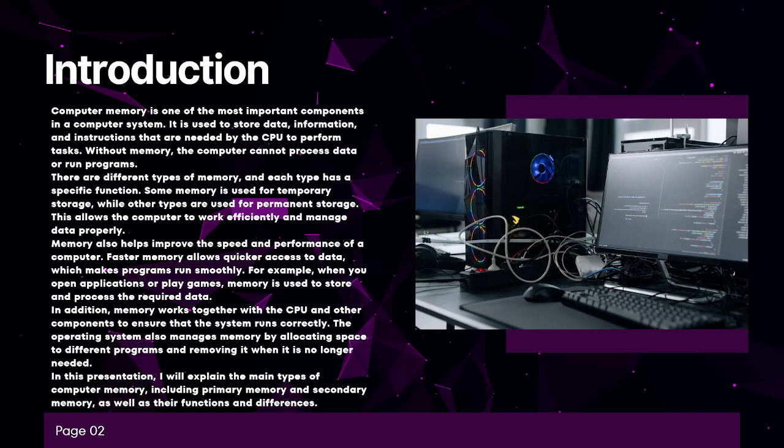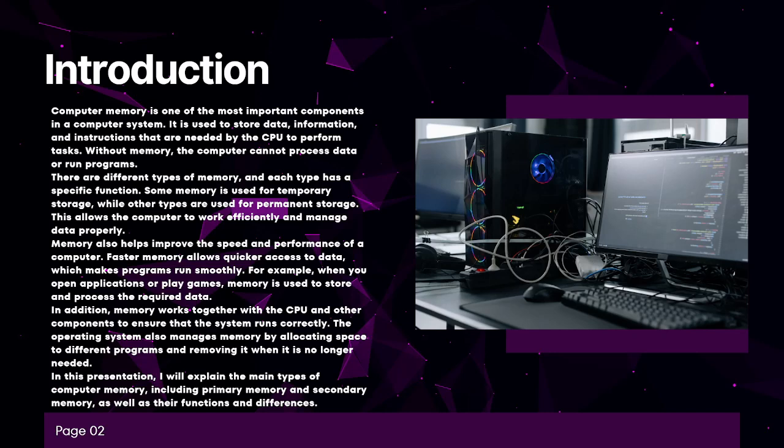For example, when we open an application or play a game, memory is used to store and process the required data, and memory is the main thing that processes the required data for opening games or programs or anything inside your computer. So memory works together with the CPU and other components to ensure that the system runs correctly.